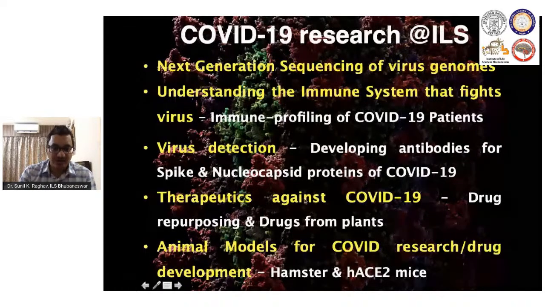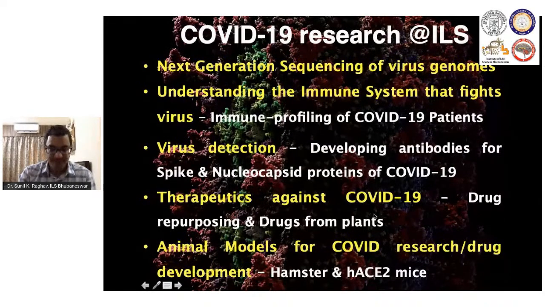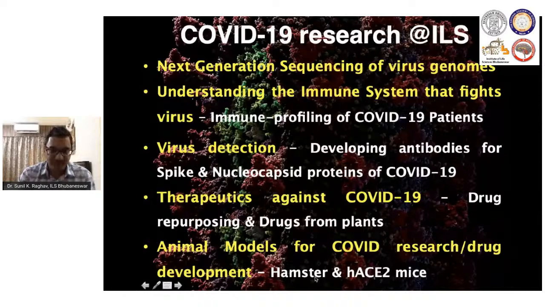Then we are doing some drug repurposing or drug screening for COVID-19 to see if we can identify some compositions. And we are also generating animal models, as we have the BSL-3 (biosafety level 3) facility for handling such pathogens, using a hamster model and human ACE2 receptor transgenic mice.